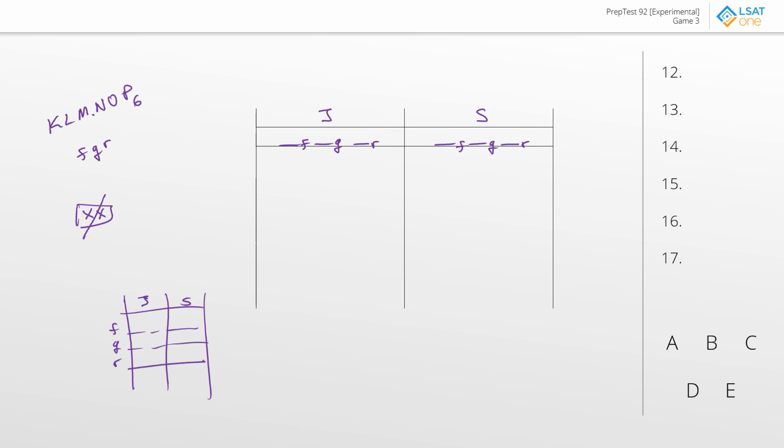Each side is going to have 1 F, 1 G, 1 R, and it's nice to see them together: the Fs are together, the Gs are together, the Rs are together. From the get-go, you probably would not have been thinking in that direction, so there's a good chance you'd still end up going with this setup. But if it did come to mind, that's not unreasonable. In fact, this is arguably a slightly better setup than what we have on the board.